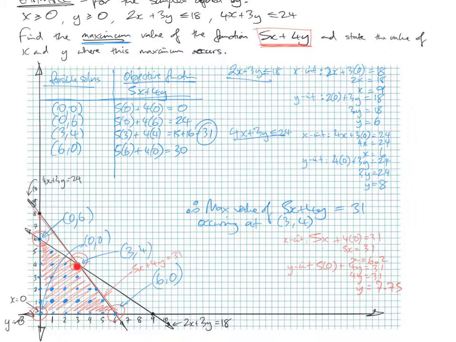Because if you had this diagonal line scanned under there, well, okay, those are possible solutions, but they're not going to be the highest. They're not going to be the maximum value that 5x plus 4y can be. The maximum value that 5x plus 4y can be only happens at this very corner here, when x is equal to 3 and y is equal to 4.